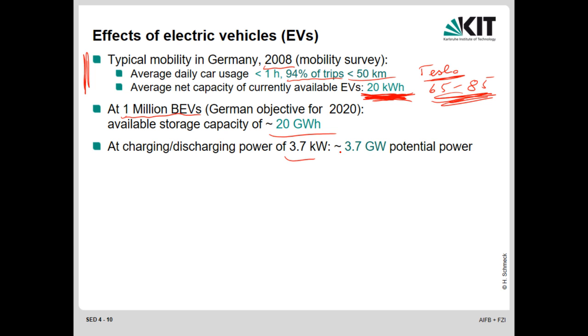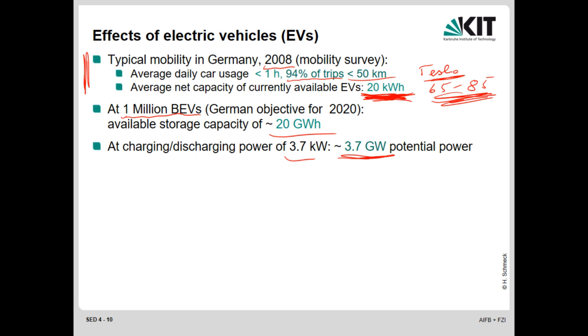It would mean that we could offer 3.7 gigawatt of power if all the 1 million vehicles would be connected. 3.7 gigawatt is about 3 nuclear power plants. Just to see what that actually means.